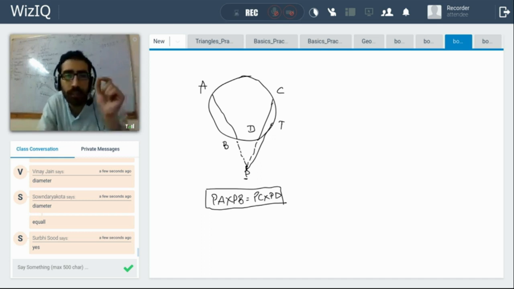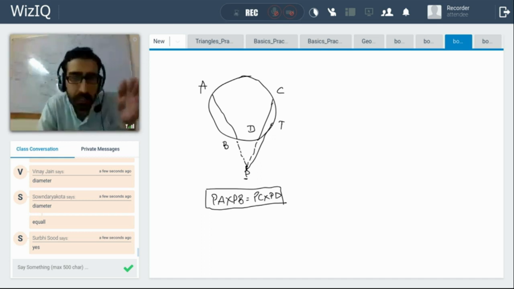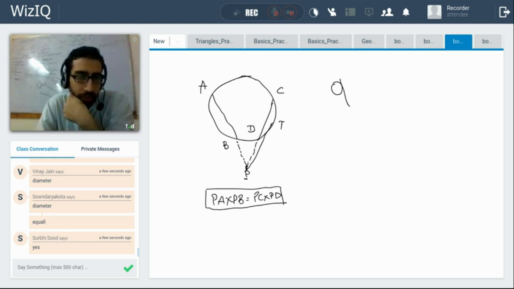I hope you know that the tangent touches the circle, it doesn't intersect the circle, it just touches the circle at one point, something like this. So if PA into PB is equal to PC into PD, it is also equal to PT square, where from that external point, PT is the tangent. Is this clear? Is this good?